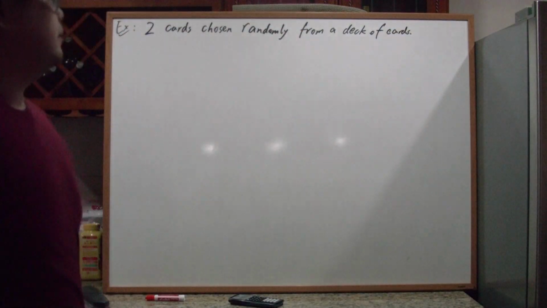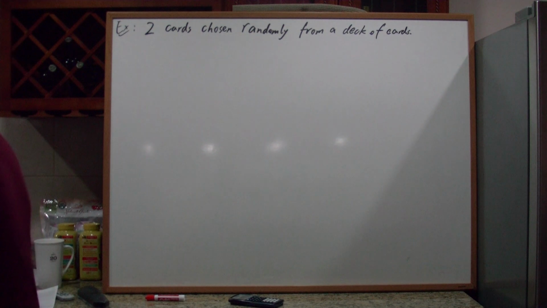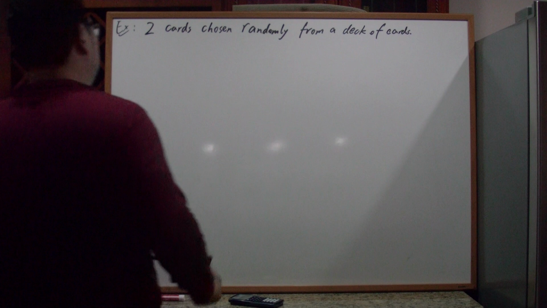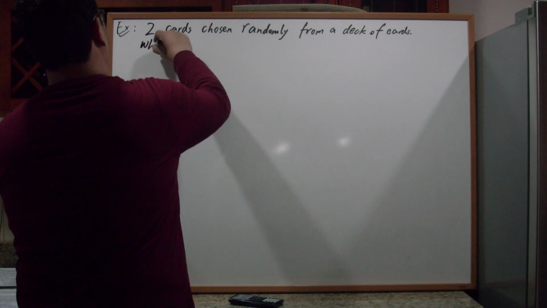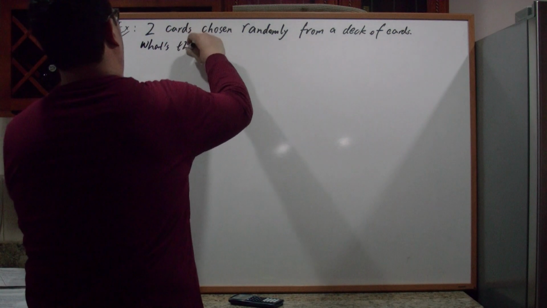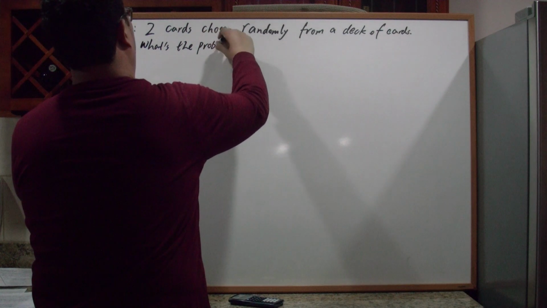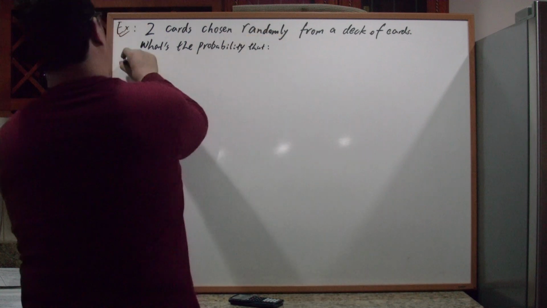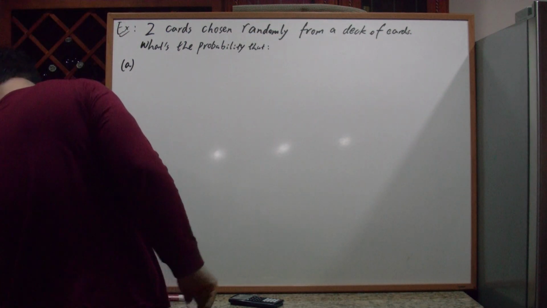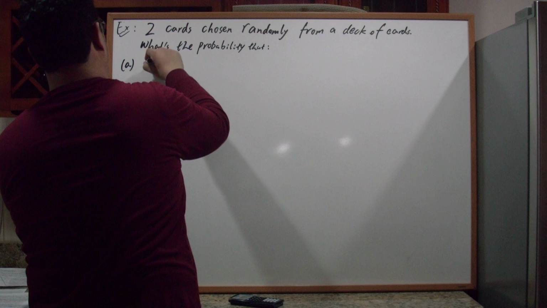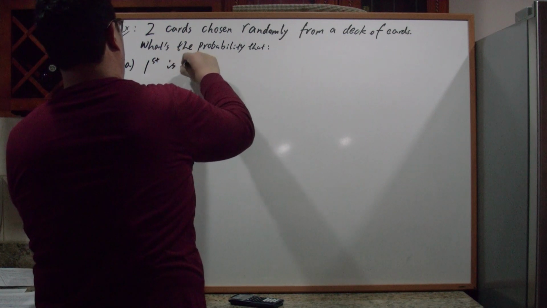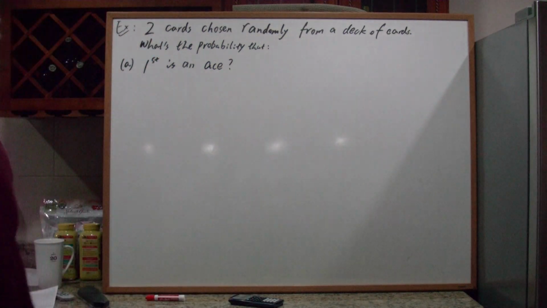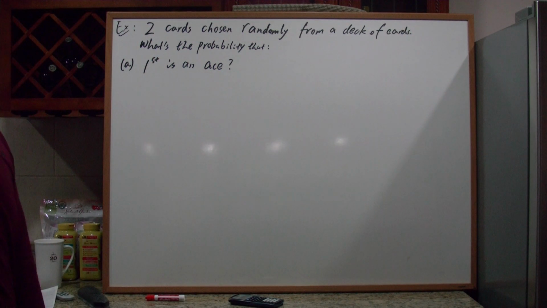Alright, 2 cards are randomly chosen from a deck of cards. What's the probability that the first card is an ace?